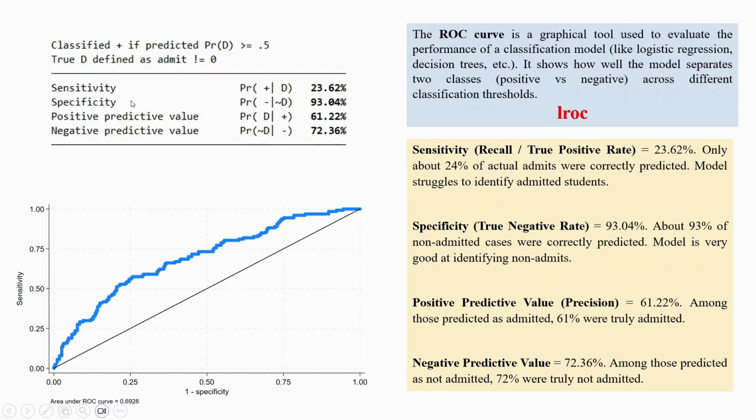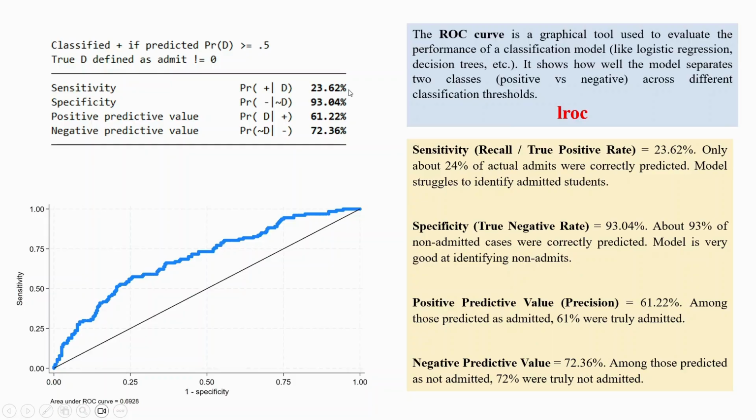So sensitivity, specificity, positive predictive value, negative predictive value. This is our ROC curve, 0.69. The ROC curve is a graphical tool used to evaluate the performance of a classification model like logistic regression or decision tree. It shows how well the model separates two classes, positive versus negative, across different classification thresholds.